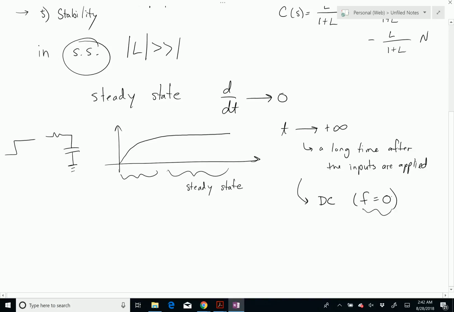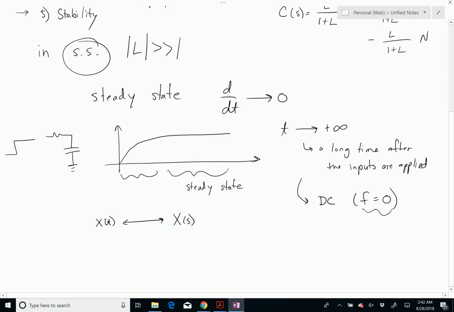So to analyze this stuff, if I want to look at steady state conditions, I have two choices. I can look at my differential equations, or I can map my differential equations over into what we call the frequency domain and use a Laplace transform. So let's say I have x of t is some signal.